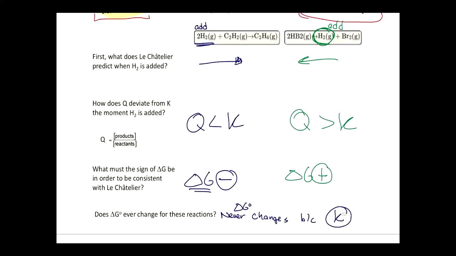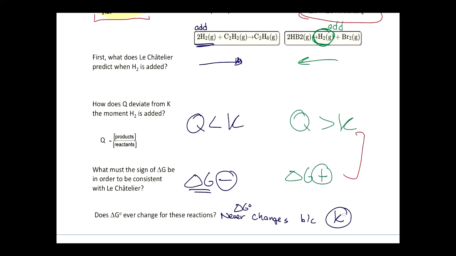So putting it all together, this is the mathematical concept behind using delta G equals delta G naught plus RT ln Q. Okay, let's write this out correctly.